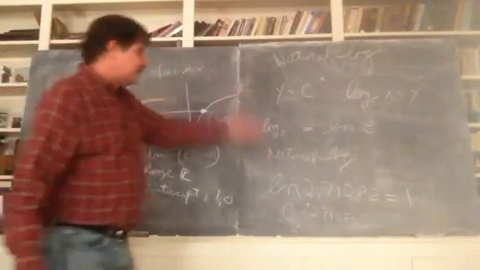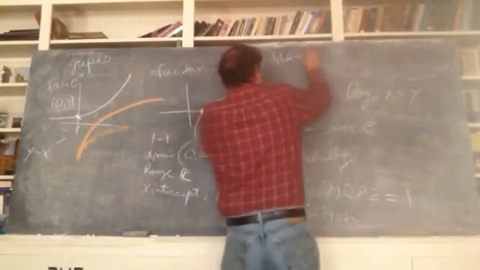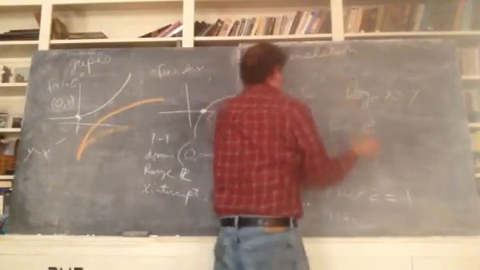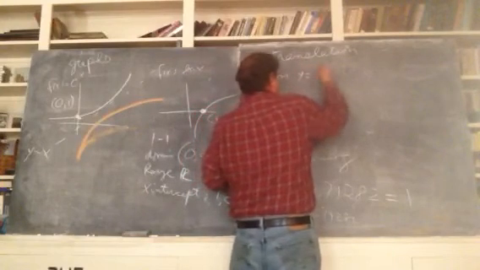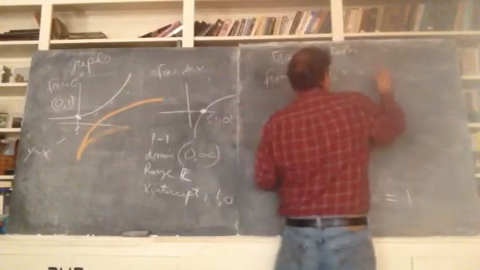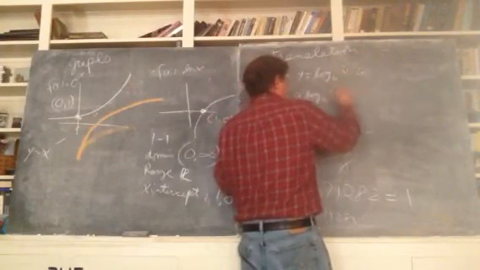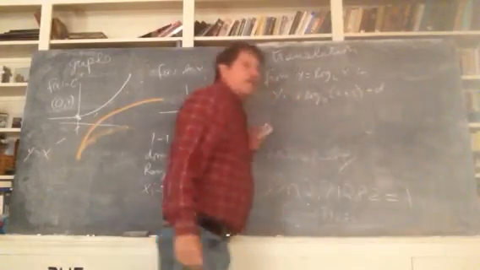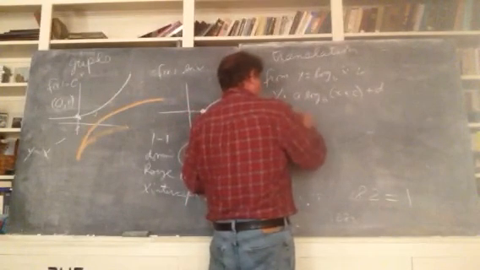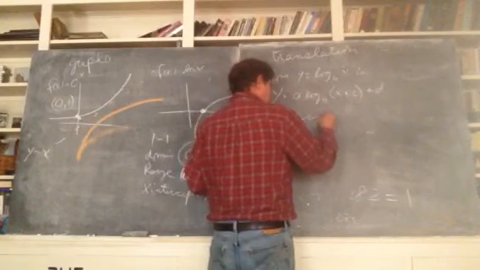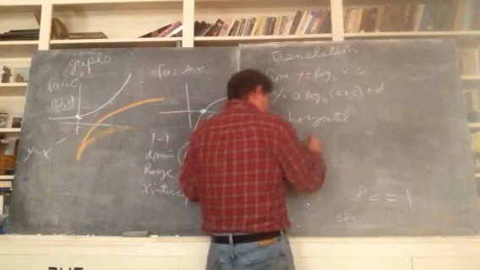And you can translate these things the same way. This is quick translation. Let's do this. From y equals log base b of x to y equals a log base b of x plus c plus d, something like that. D is the horizontal translation. C is the vertical translation.